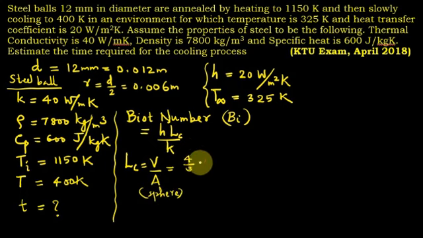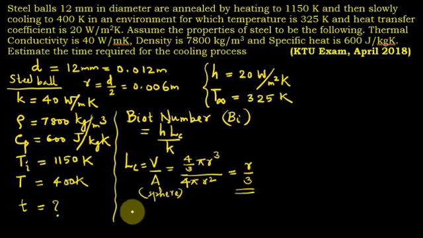It is 4 by 3 pi r cube, in terms of radius, divided by the area, which is 4 pi r square for a sphere. So 4 and 4 cancel, pi will be cancelled, r square with r cube, then 1 r will remain, and this 3 also will remain. So for a sphere, hereafter you can keep in mind V by A is r by 3, radius by 3. So in our case, what is Lc?